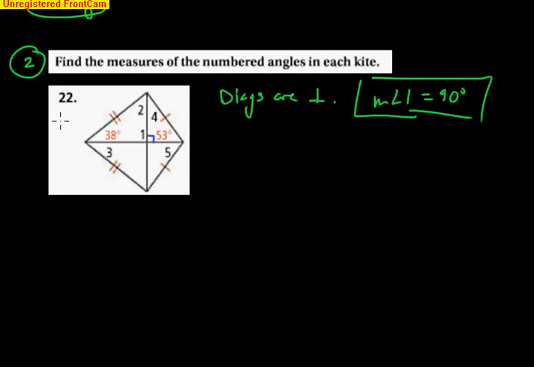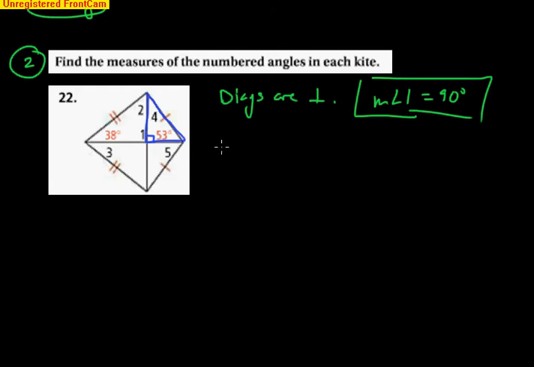Okay, next, let's find the measure of angle 4 using the triangle angle sum theorem. This is a right angle, that's 53 degrees. We'll use this triangle right here to find angle 4.